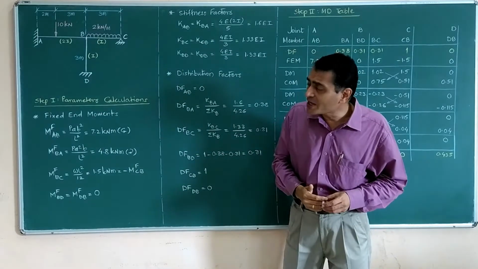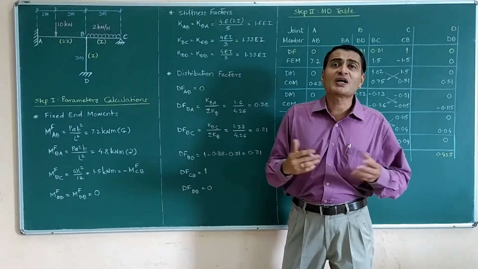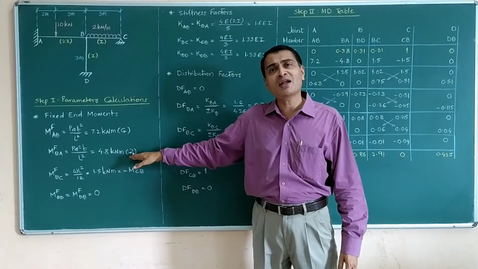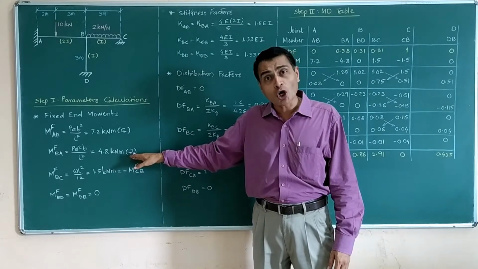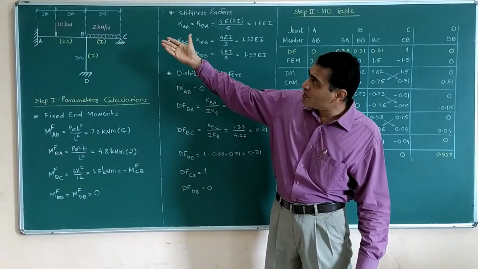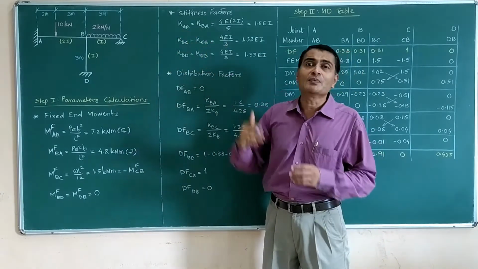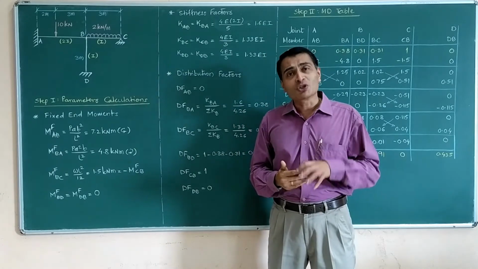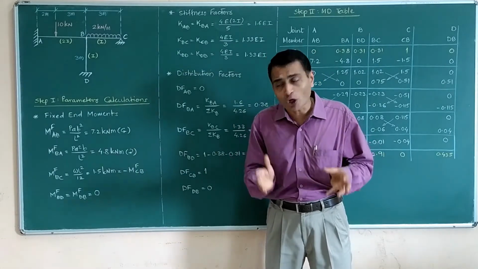Then MFBA, P a squared b upon L squared, that is giving me 4.8 kilonewton meter clockwise. MFBC and MFCB both will be WL squared by 12. One will be anti-clockwise, one will be clockwise.